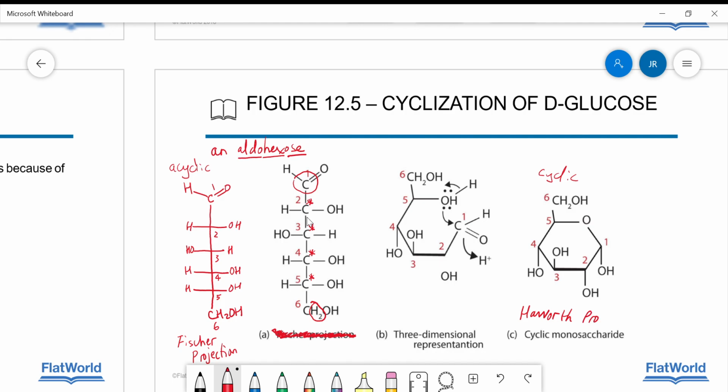One thing I want my students to be able to do is to go back and forth between a Fischer projection and a Haworth projection. This is one of my go-to assessment questions, so a strong nudge in the arm that this will be something you have to do.